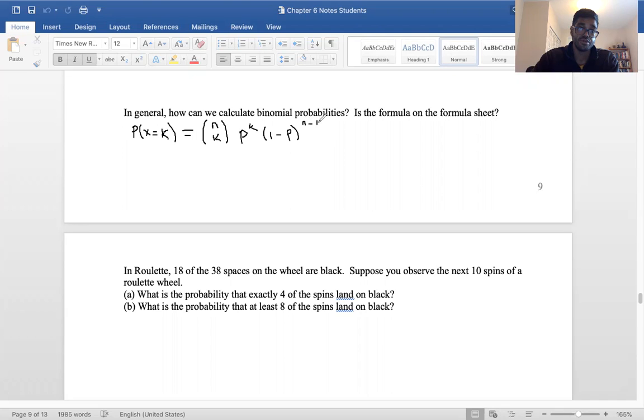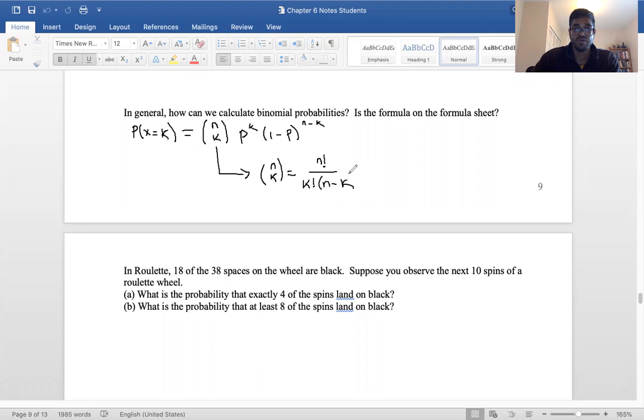And this is on the formula sheet, which is nice. And this right here is what we call a binomial coefficient, n choose k. You probably talk about this in some of your other Algebra 2 classes. This is equal to n factorial over k factorial times (n minus k) factorial.